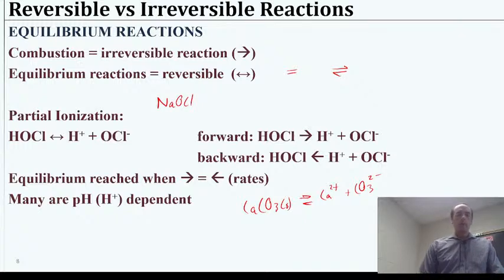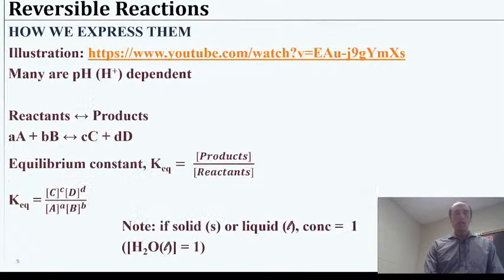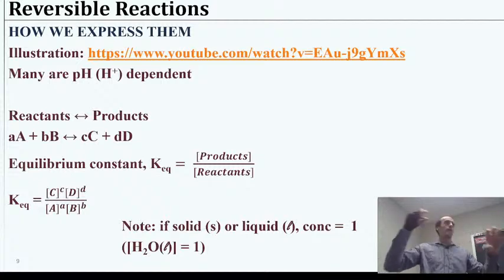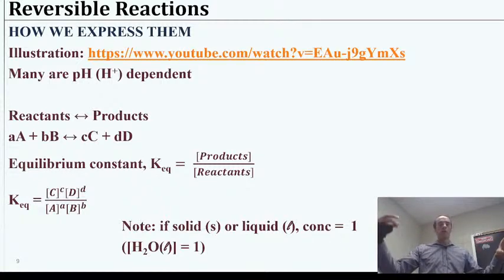Okay, so anyway, that's kind of the gist of a reversible reaction. We can express them in a few ways. If you want a little example video here, you can see a guy scooping water with different size scoops into different buckets, and you'll see eventually he reaches an equilibrium even if there's a different amount of water in each bucket, because the size of the cup is different, but eventually he's moving the same amount of water because a small cup is getting full every time and the big cup is only getting half full because he's hitting the bottom.